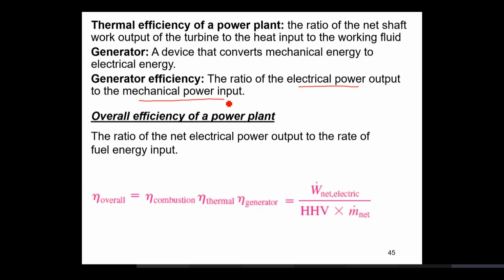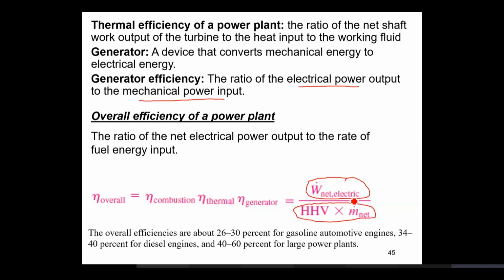This comes out to be the net electrical work output per unit time divided by the higher heating value multiplied by the mass flow rate, so that both the values are energy per unit time. Is the point clear? I hope it is clear to you. Yes, sir. All right. Moving on.